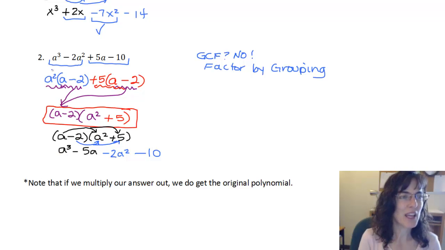So I have a cubed, that's up here, negative 2a squared, that's right here, out of order, but the sign is with it, so we're good. Positive 5a, oh, that's where I made a mistake again, because a times positive 5, so that should have been plus. So there's my positive 5a, and then negative 10 at the end.